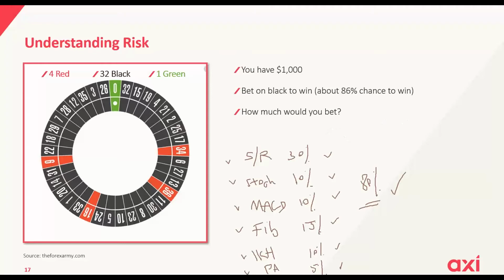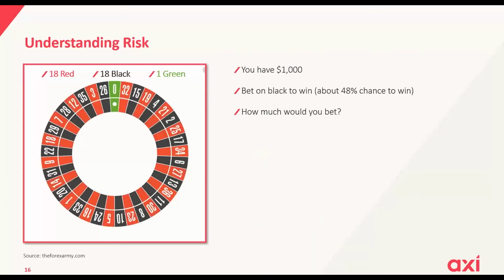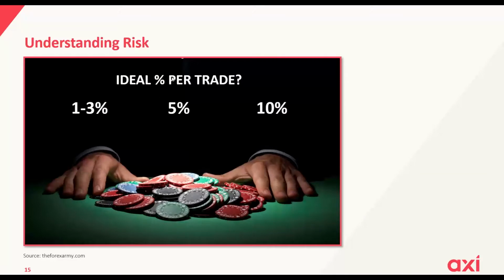Okay? So when I was asking you guys earlier, how much would you ideally risk on a trade? There is no super wrong answer. If the trade just meets my bare minimum requirement of maybe 3 criteria that are met, I might risk maybe 1%.